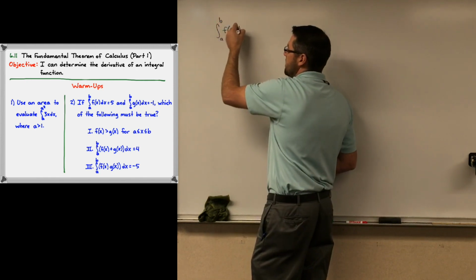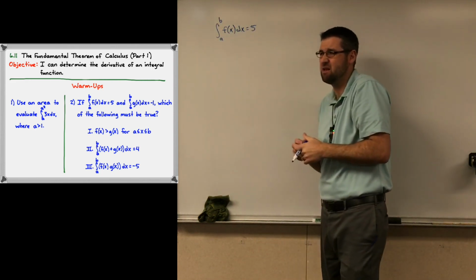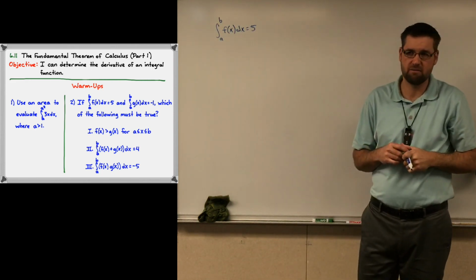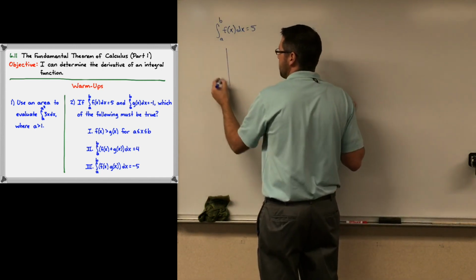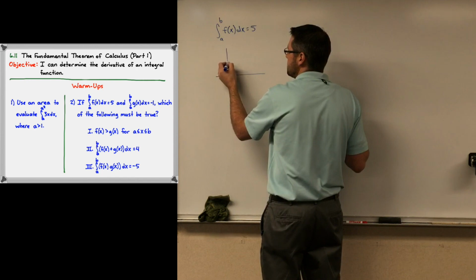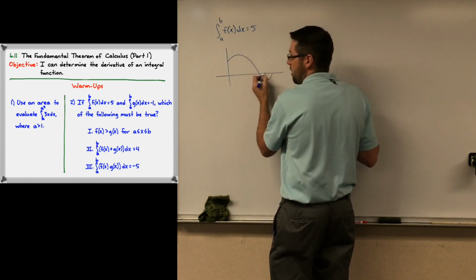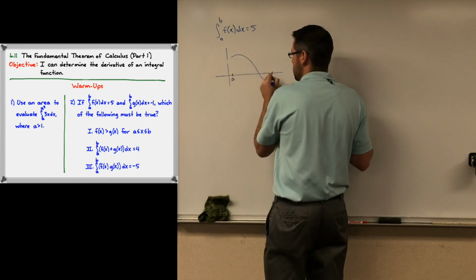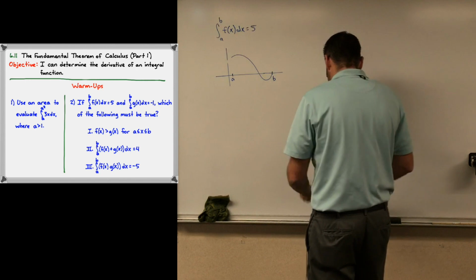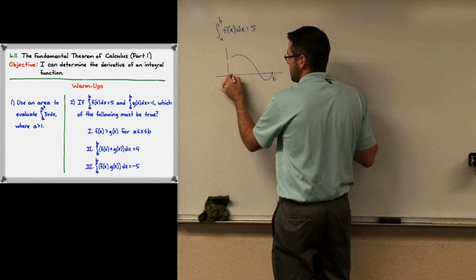What does this mean? It's a positive area, but does that mean the curve is always above the x-axis? No. So I could have a graph, let's say f is something that looks like this, just theoretically, from, let's say this is A here, and this is B, and the blue graph is F, and then G maybe looks like this.